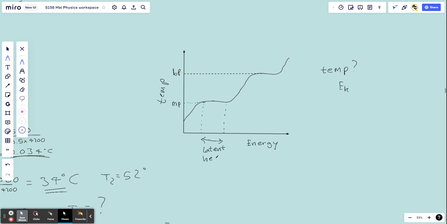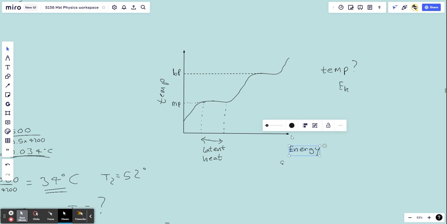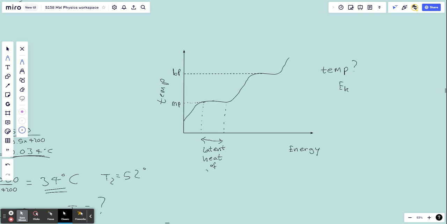Both of them, when you're talking about heat energy required for it to change state, we use the word latent heat. And more specifically, if we talk about the latent heat to melt it, or the heat released when it freezes, ignoring the temperature change, then this would be specifically the latent heat of fusion.